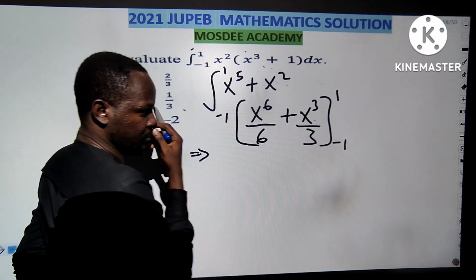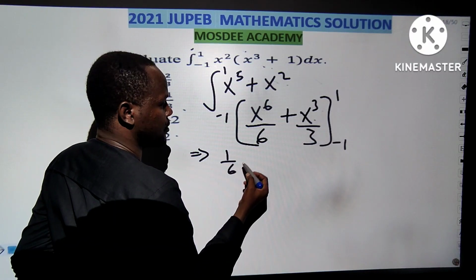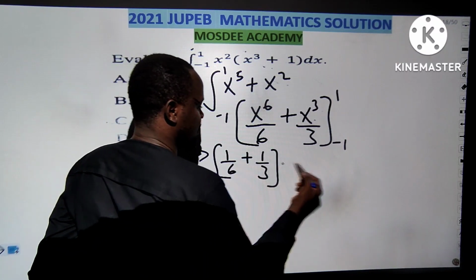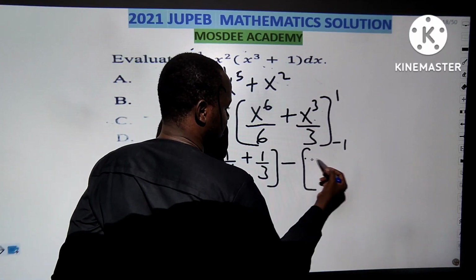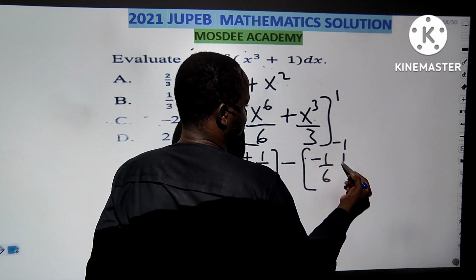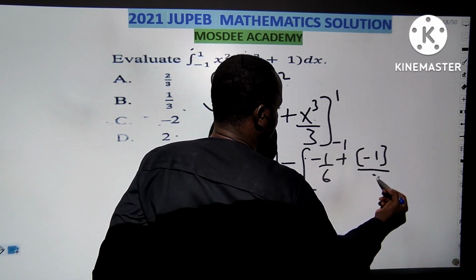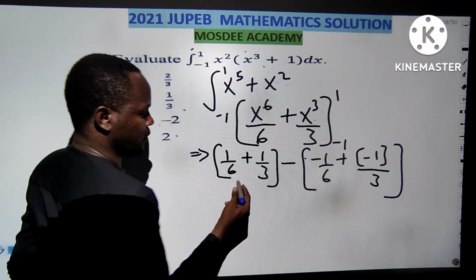So let's start from 1. That gives 1 over 6 plus 1 over 3. We are subtracting the answer from -1, which is -1 over 6 plus -1 over 3. As you can see, you can finish this if you want.